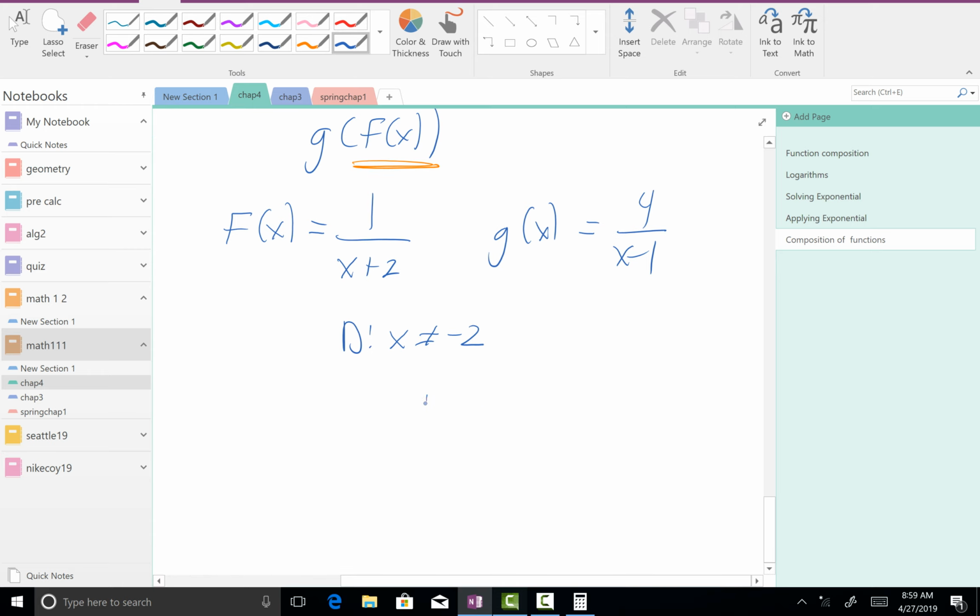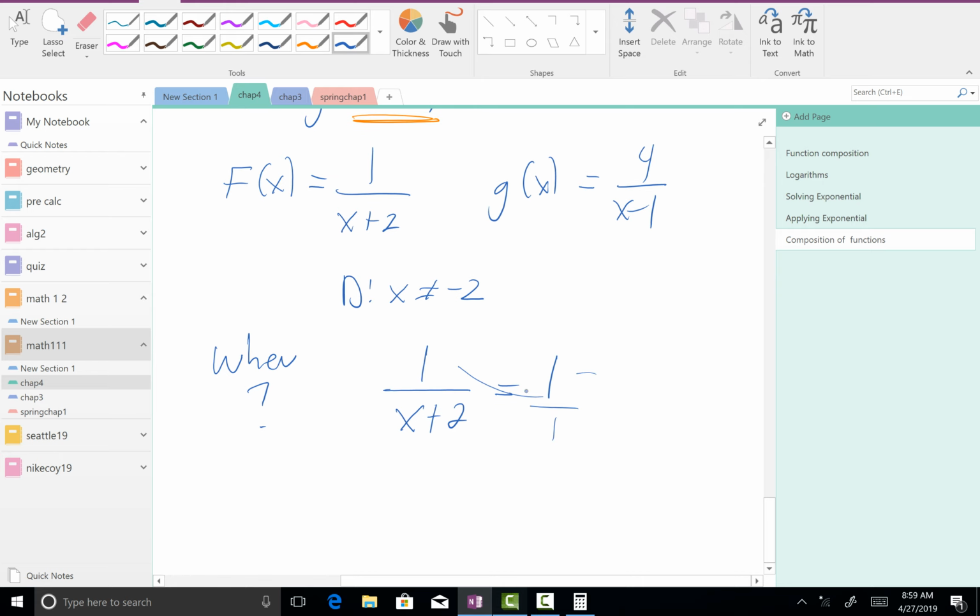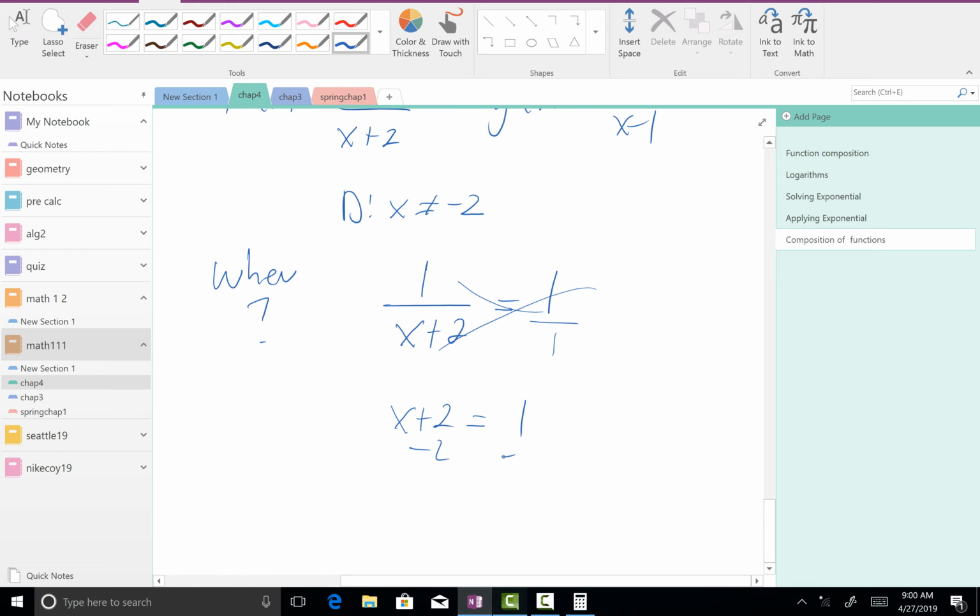So I've got to find out when this will be equal to 1, because when it is, I've got a problem. So I'm just going to cross multiply again, and I see there's my issue right there. I can't have -1, because as soon as that output is -1, it isn't going to work.